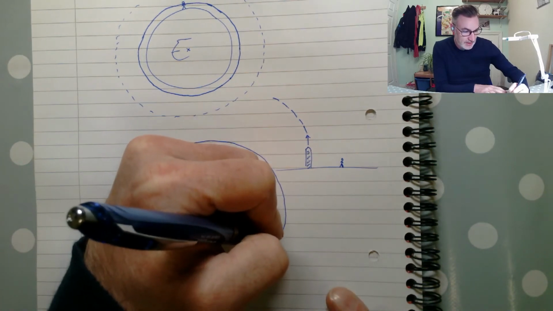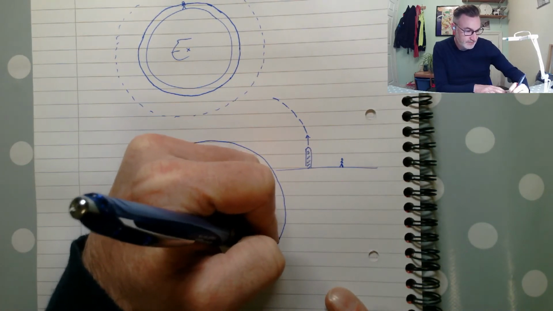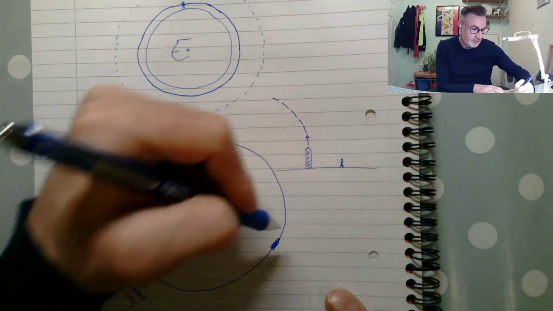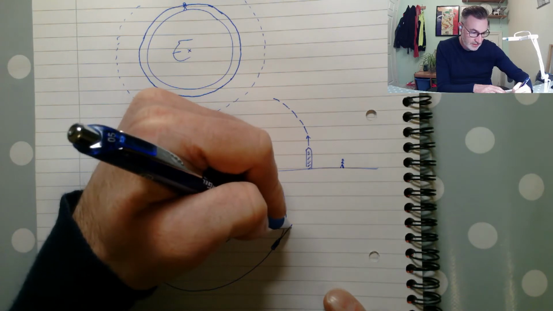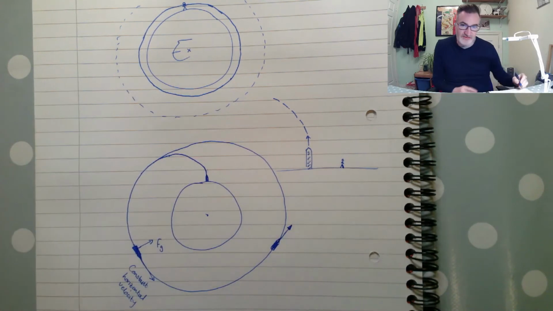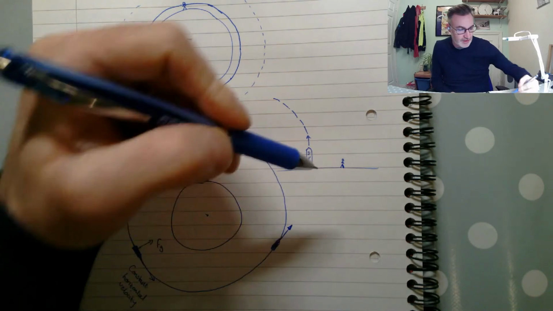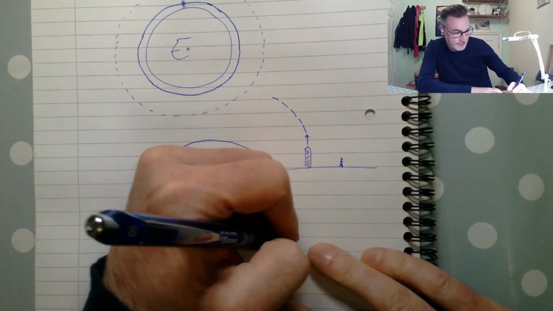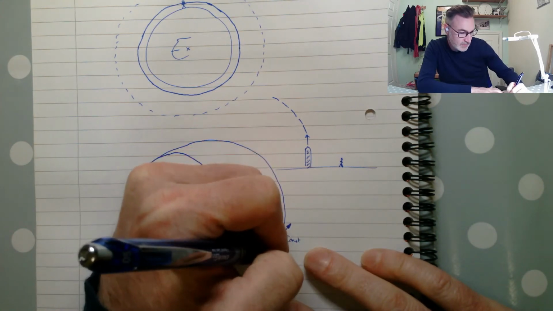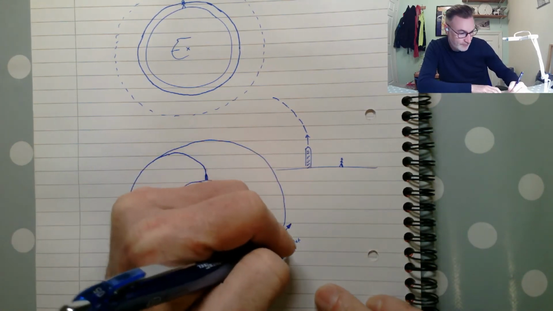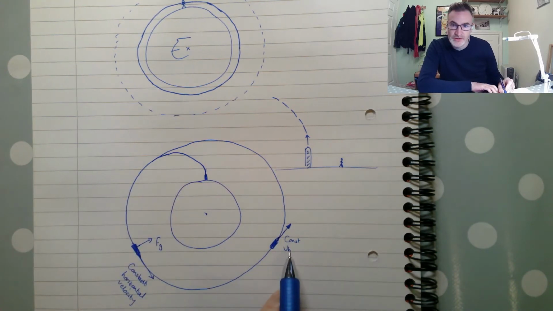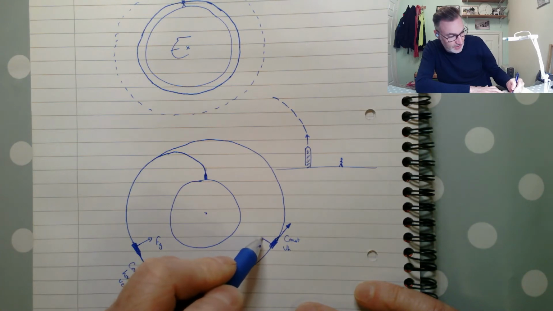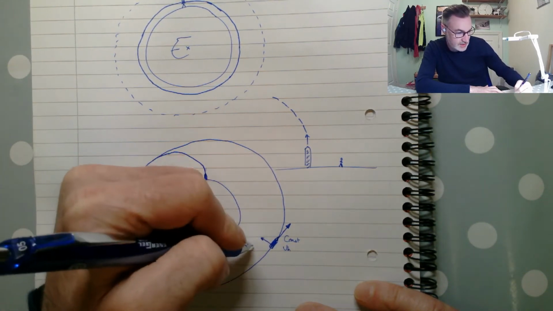And indeed, as it's around here, the satellite will still have a constant horizontal velocity in a vector sense. Before it was pointing over here, now it's pointing over here, but the magnitude of the velocity is the same. So constant VH, I'm going to cheat and just write VH, and still the force of gravity is pulling it in towards the center.